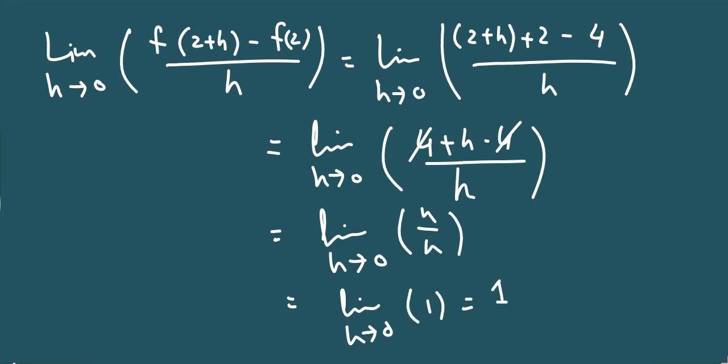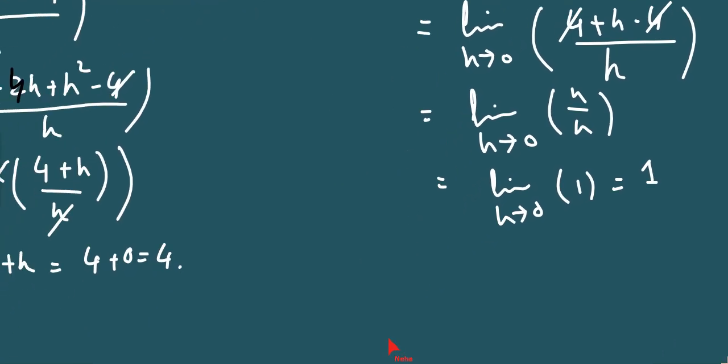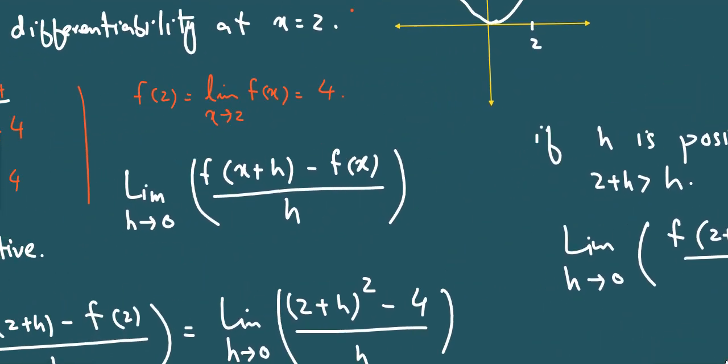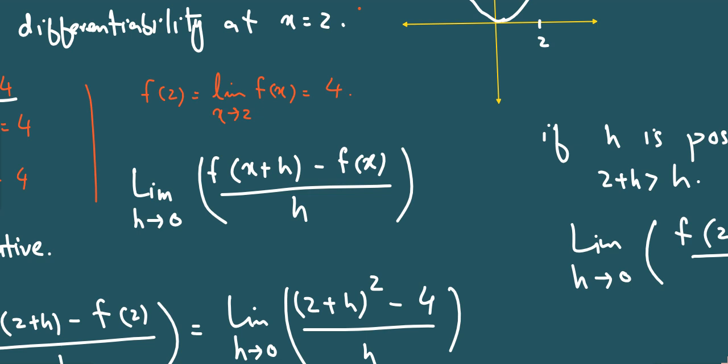So now you can see that when I calculated the limit from the left side I got 4, and when I calculated it from the other side I got 1. So they both are not equal. That means the limit for calculating the differentiation doesn't exist, right? So this function is not differentiable at 2.